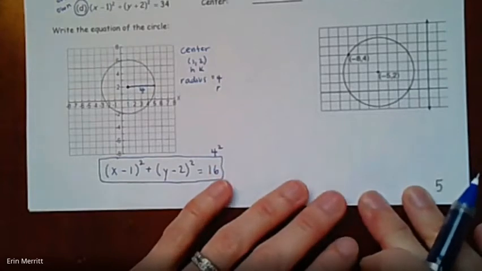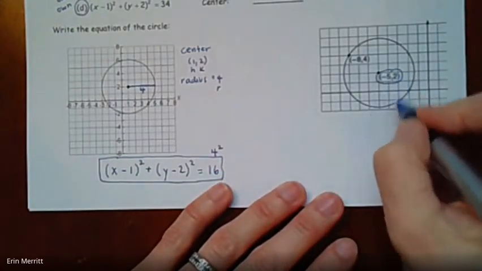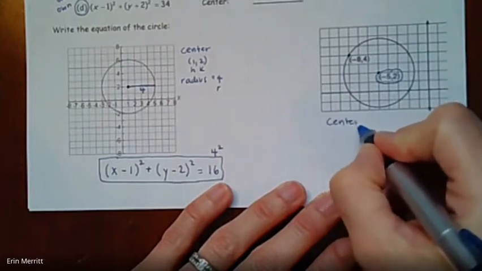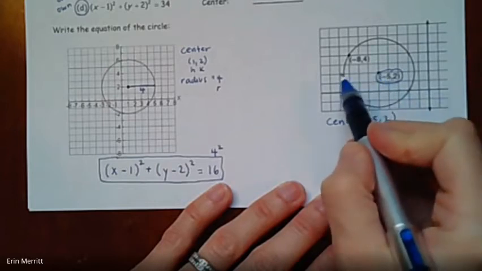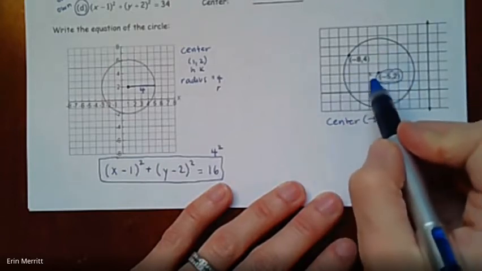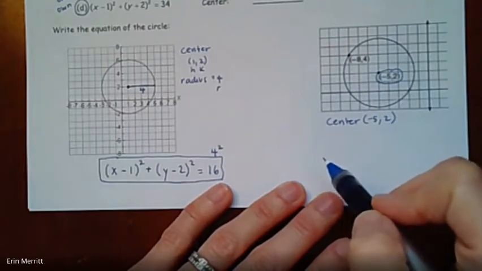Now, are they a little bit more work sometimes? Sure. This one, there's your center point right there. So we've got the center as -5, 2. If I try to count horizontally or vertically, you end up at like 1, 2, 3 and change. You can't approximate here. I want it to be exact.